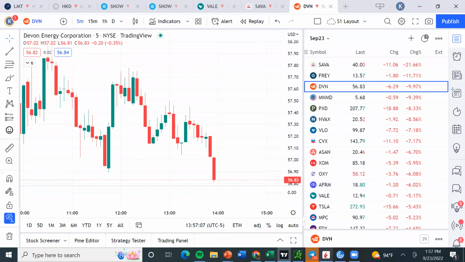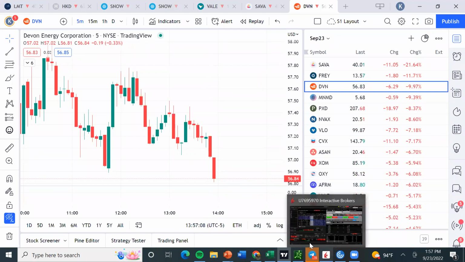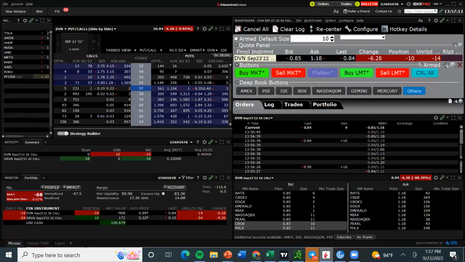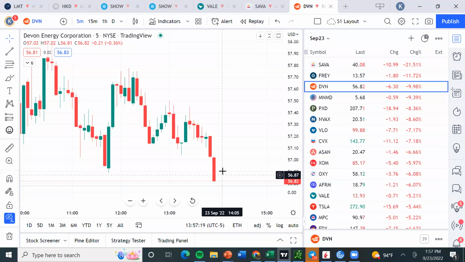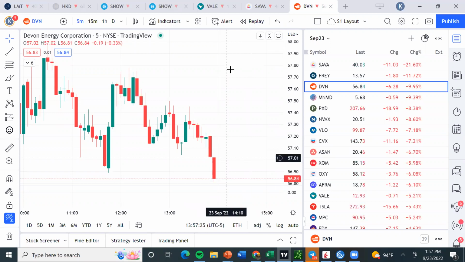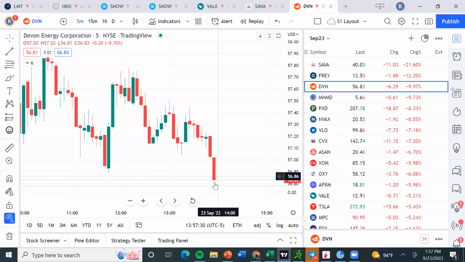Because you sold the calls, if the stock remains at the same place, or goes down, or moves a little up, we will still make profits. Only if it suddenly moves to 57, 58 or something, we may lose.